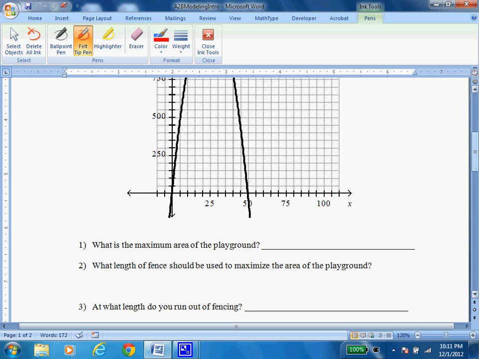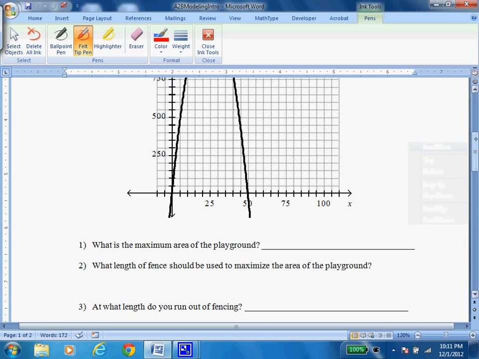Therefore, in order to answer any questions about maximums, minimums, highest or lowest values, most or least, any kind of thing that would indicate that you're looking for a maximum or minimum value, we're going to have to find the vertex in order to answer that question.